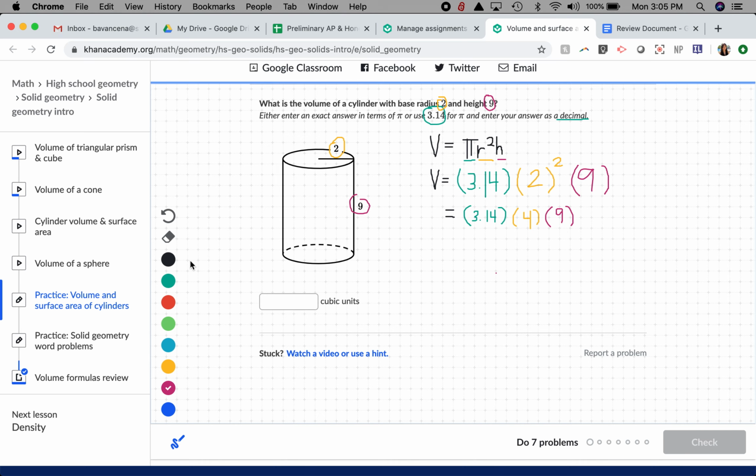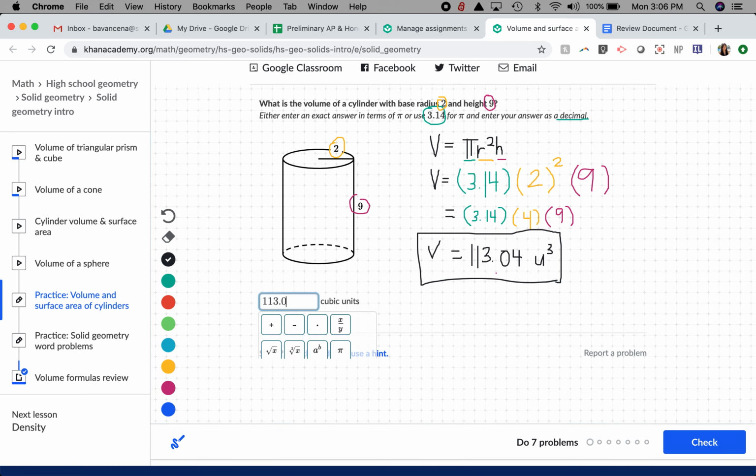The product is equal to 113.04. And we do not have units, so we're just going to put units cubed, or cubic units. And that's our final answer: 113.04.